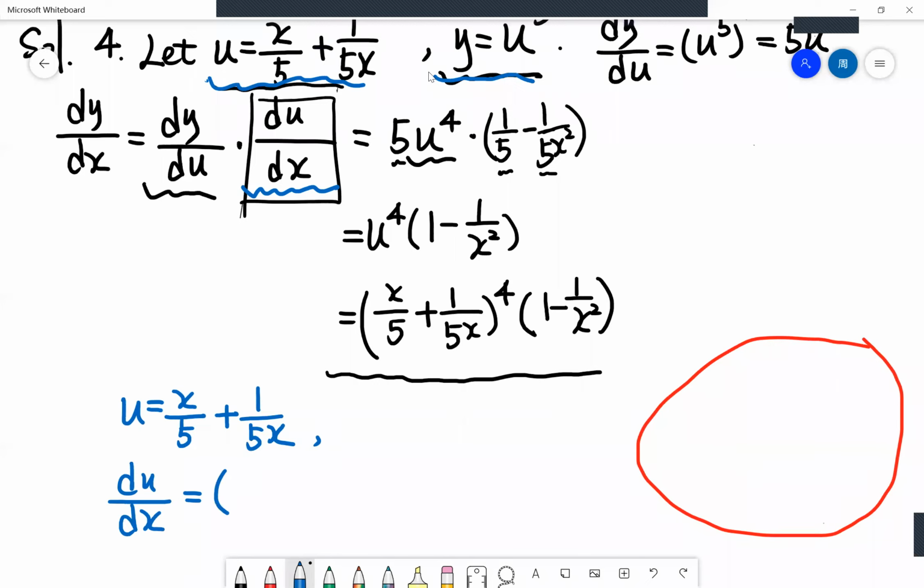So that equals (x/5)' + (1/(5x))', right?